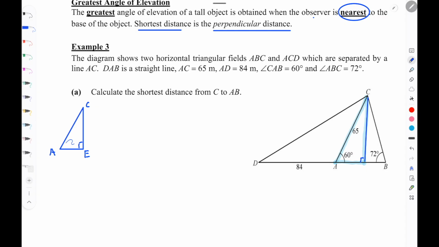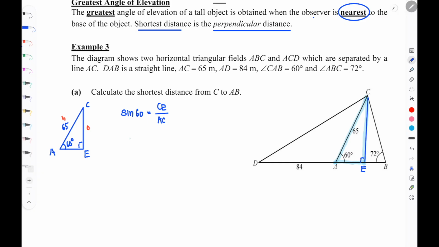Okay, so over here I have the angle of 60 degrees. I also have a side of 65, my hypotenuse. So if I have my H, I can find my O. Okay, CE. So I will use sine because I have O and H. Sine 60 equals to CE over AC. Okay, I let this point be E. Okay, sorry about that.